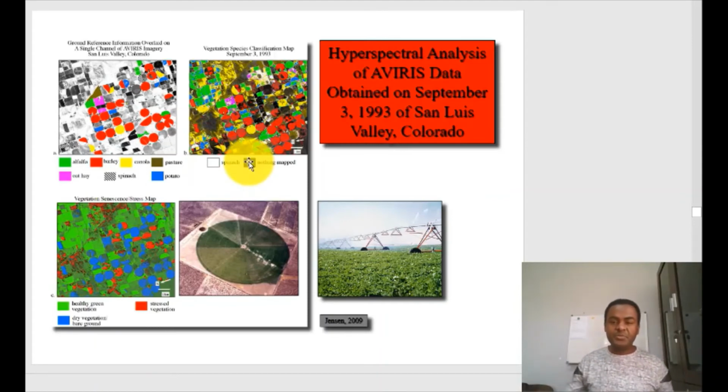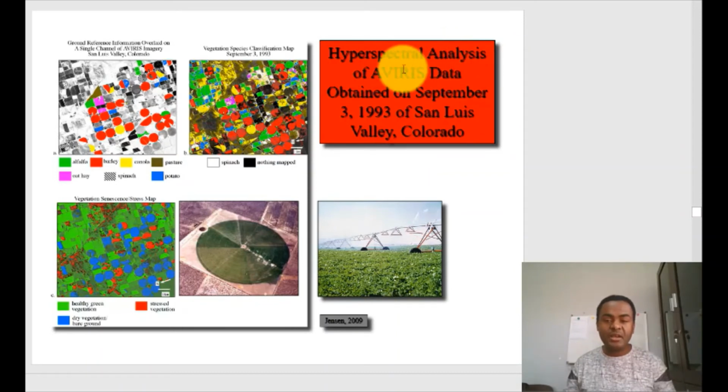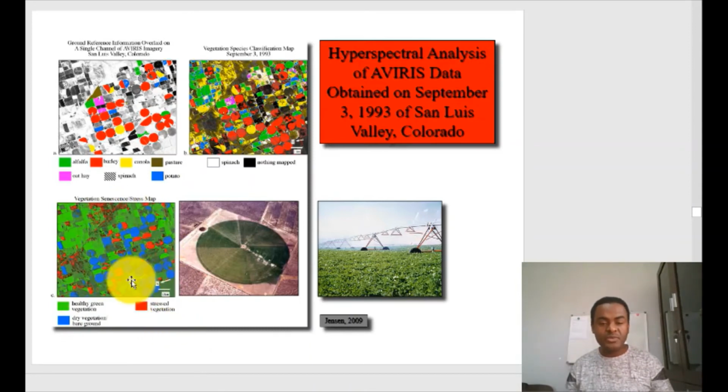Using remote sensing, especially hyperspectral remote sensing data such as AVIRIS data, you can identify the different crop types that are irrigated. In remote sensing, you can identify which ones are healthy green vegetation, which ones are dried, and which ones are stressed vegetation. Assume this is a big irrigated area using sprinkler irrigation.